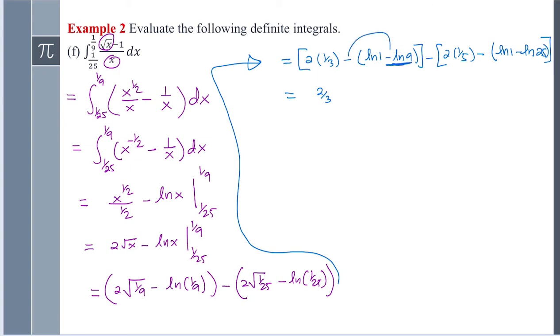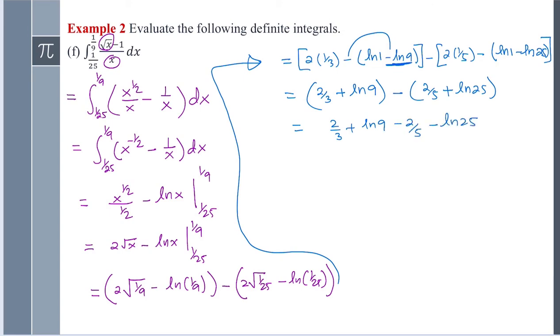When you distribute that negative, that becomes plus natural log of 9. And then we have minus 2/5, minus, again this is 0, so we have plus natural log of 25.